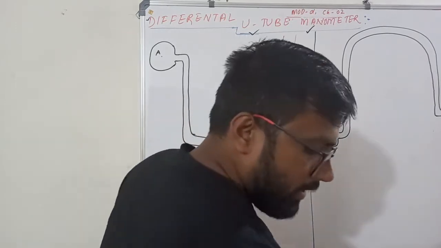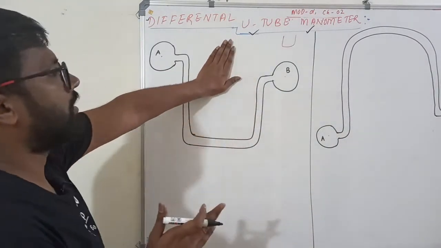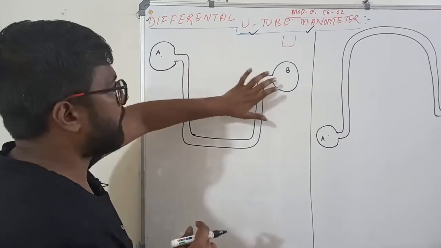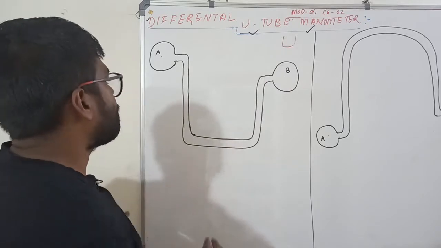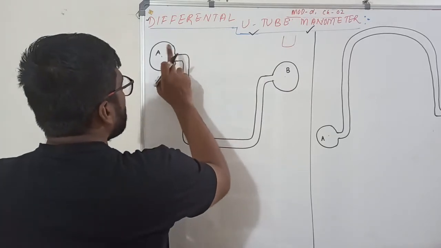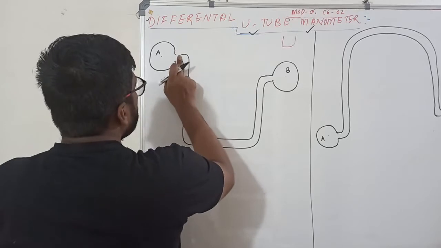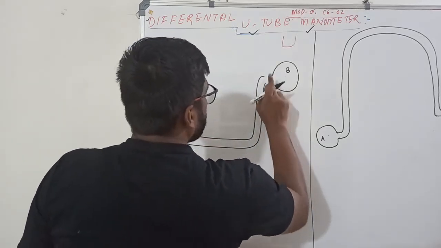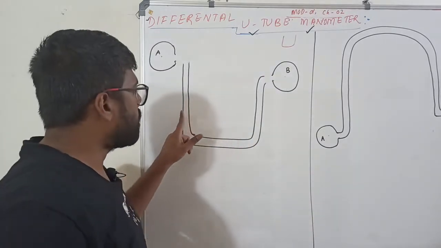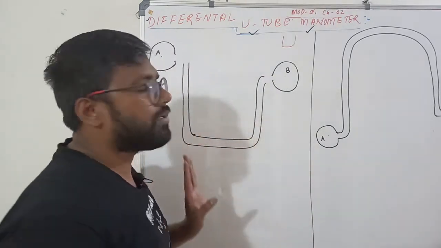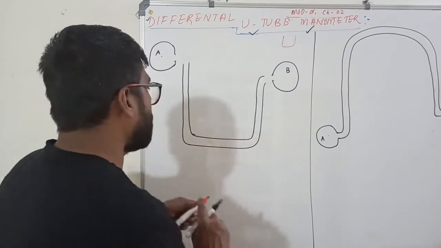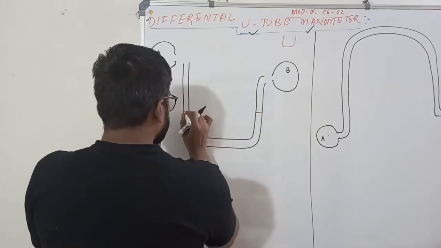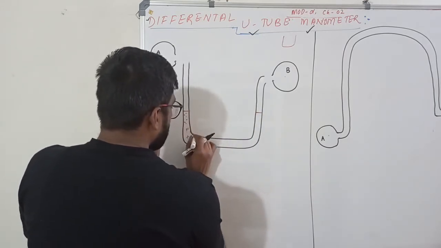Now let's come to the vertical U-tube differential manometer. There are two pipes, pipe A and pipe B. Let us say initially I have not connected the U-tube to the pipe. I have some manometric fluid, and let us say the manometric fluid was up to this level.